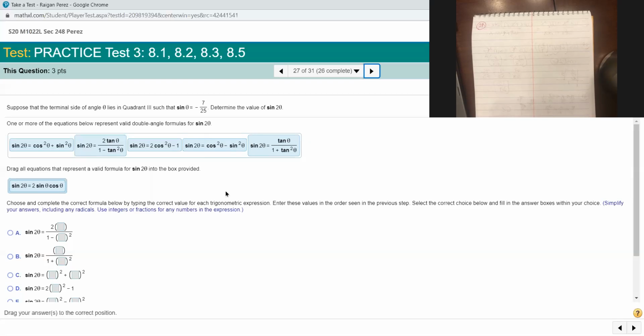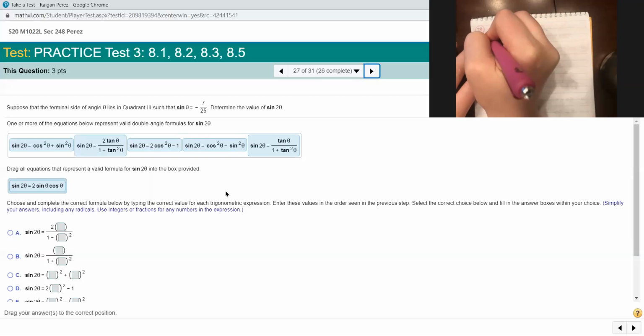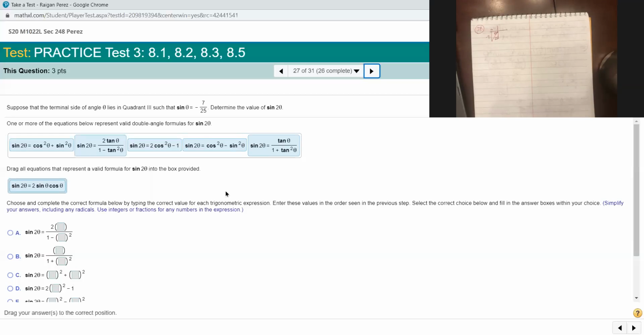Choose and complete the correct formula by typing the correct value for the trigonometric expression. It says that it's in quadrant 3 such that sine is negative 7/25. So we already know what sine is, so let's draw it so we can find out what cosine is. This is our angle, and sine is opposite over 25. This one is also negative.